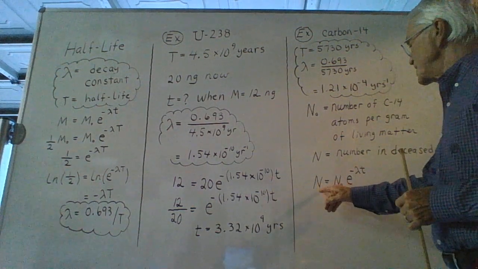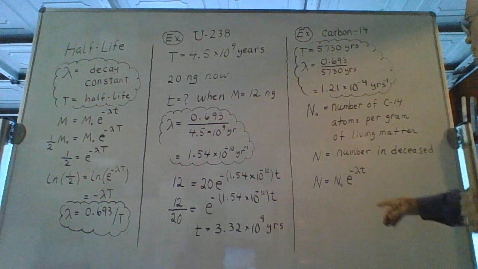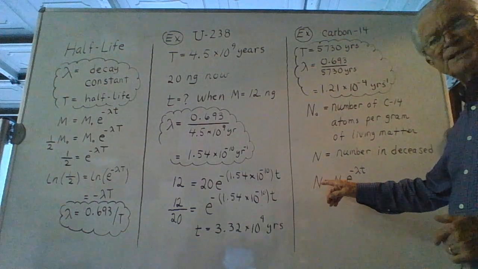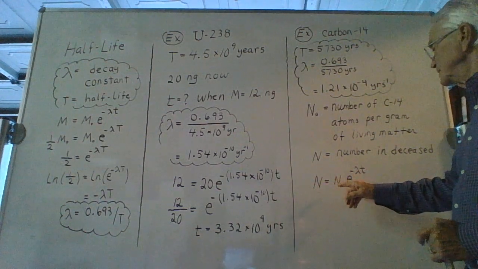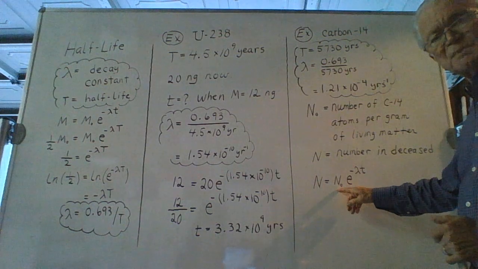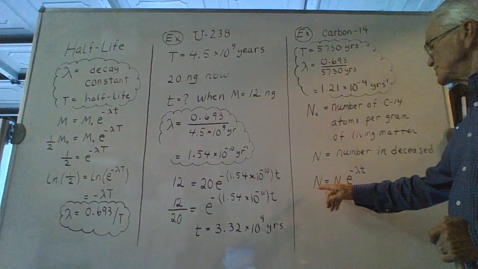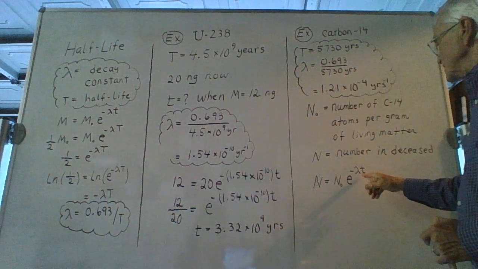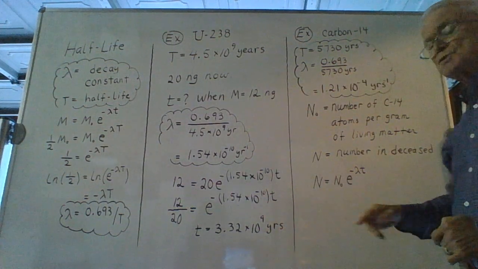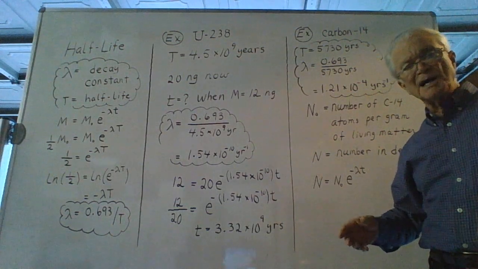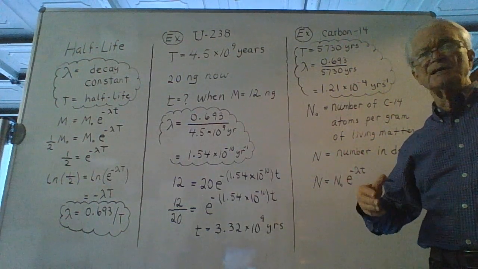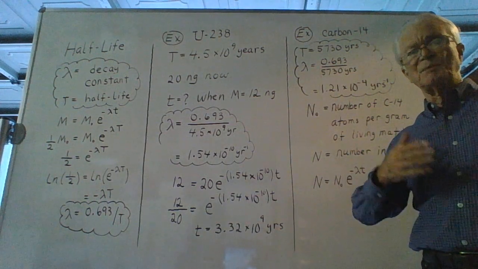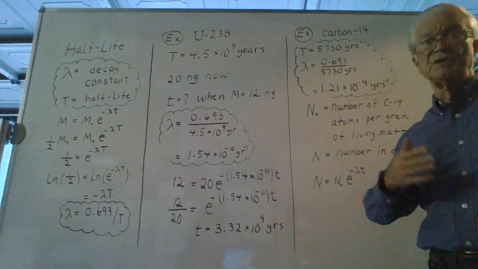It symbolizes n. So if we know how many atoms of carbon-14 there are per gram in a live specimen, and measure how much there is now, and knowing the decay constant, we can solve this equation for t, which would be the number of years that have gone by since that animal stopped having its carbon-14 refreshed by eating things from the biosphere or breathing air.